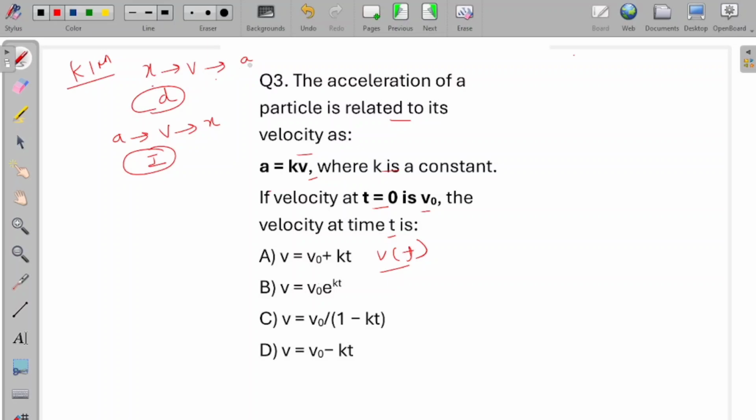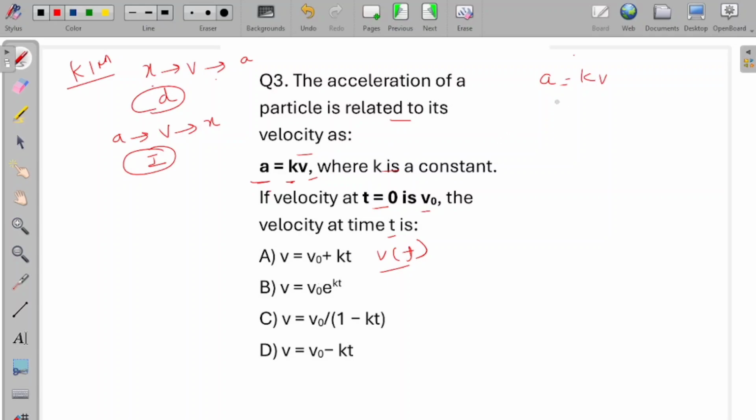So this way we use differentiation and this way we use integration. Now let's get to the question again. Expression for acceleration is given and we have to find velocity. Let's write down the expression for acceleration. A is equal to kv.